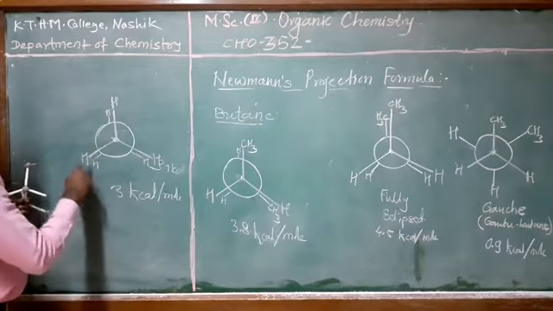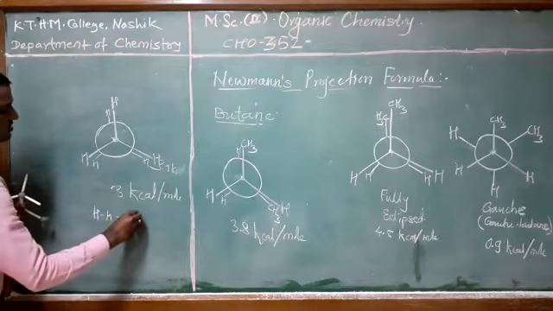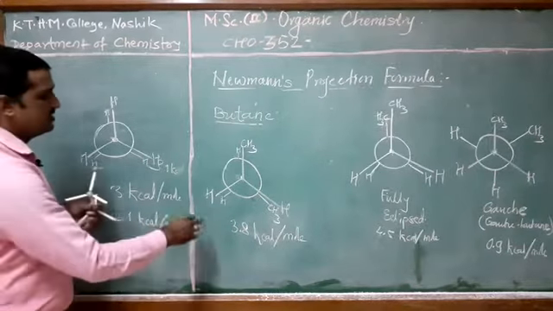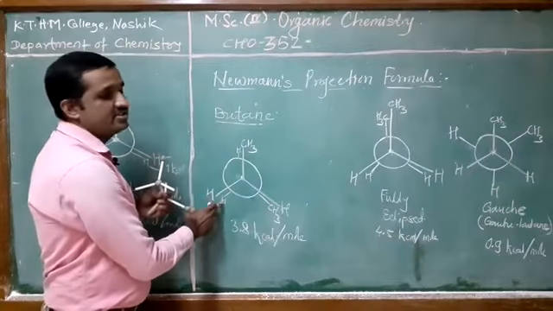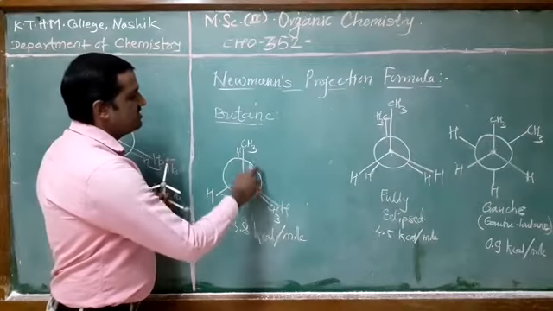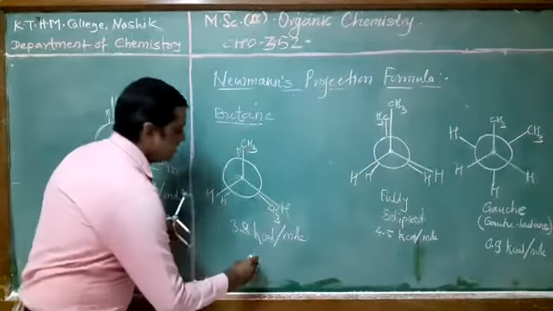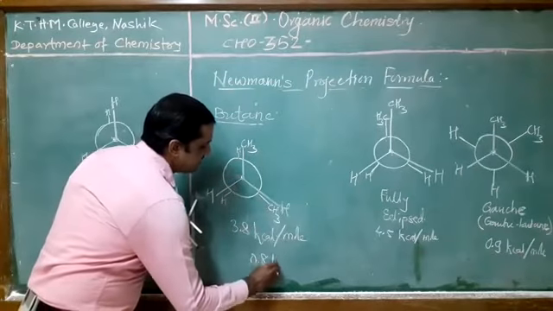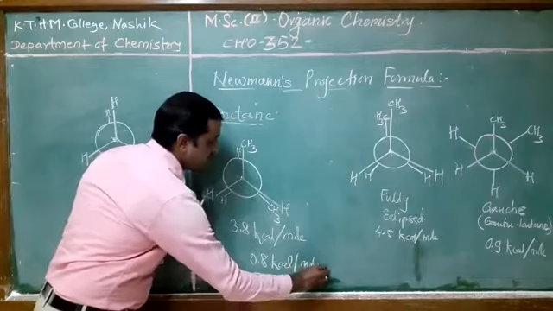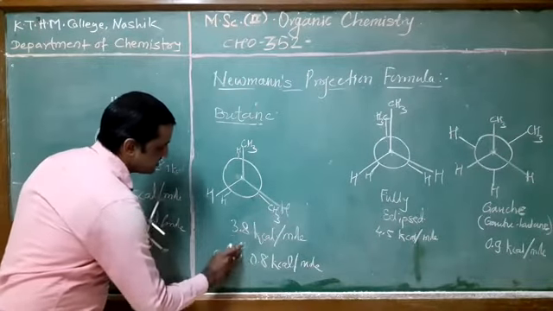So each HH eclipsing interaction energy is about 1 kilocalorie per mole, but in this particular conformation the additional CH3-H eclipse interaction energy is found to be an extra 0.8 kilocalorie per mole.